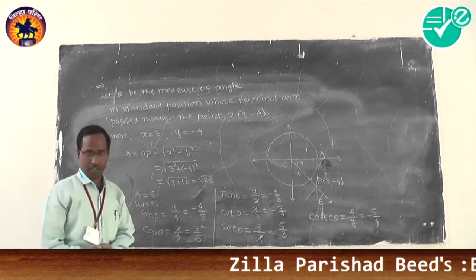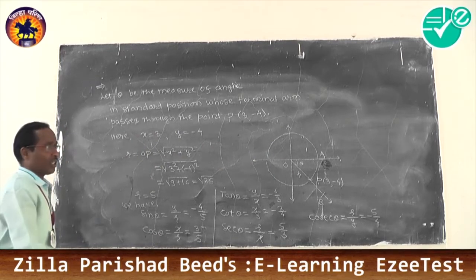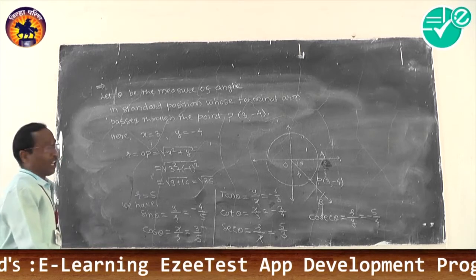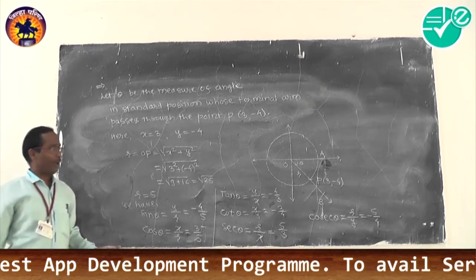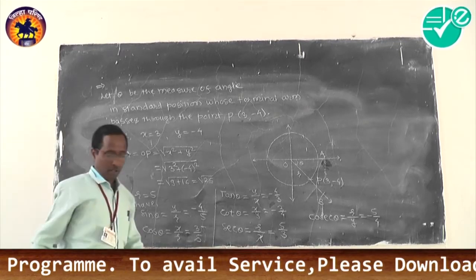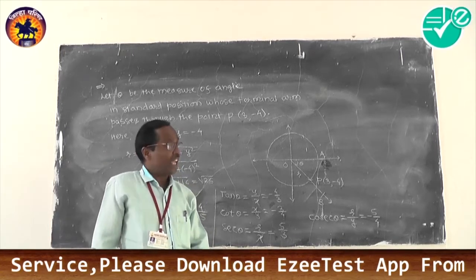So these are the values of all the trigonometric functions of the angle in standard position whose terminal arm passes through the point P 3, minus 4. That is example number 5. Now we are going to take the next example.